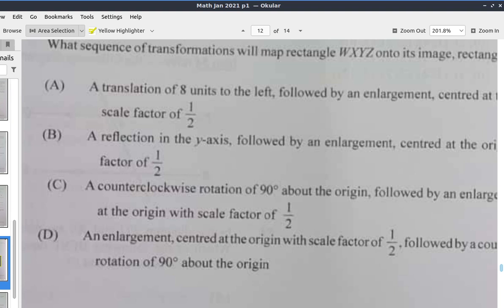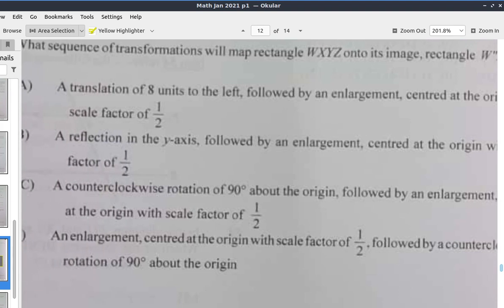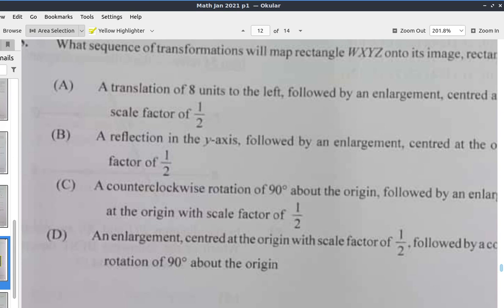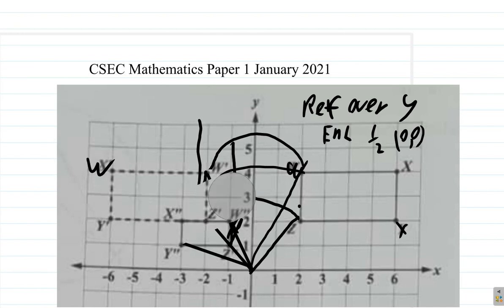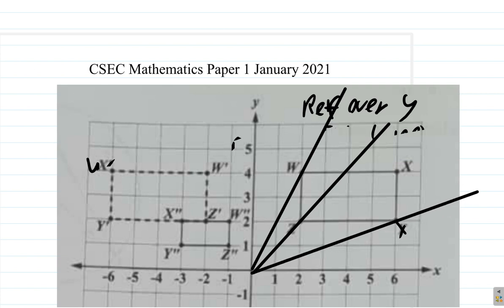This is an enlargement, center origin, scale factor half, followed by anticlockwise rotation. If you had an enlargement first, with half, center being the origin, what would happen is that this would be the center. It goes through Z, W, X, with center half.